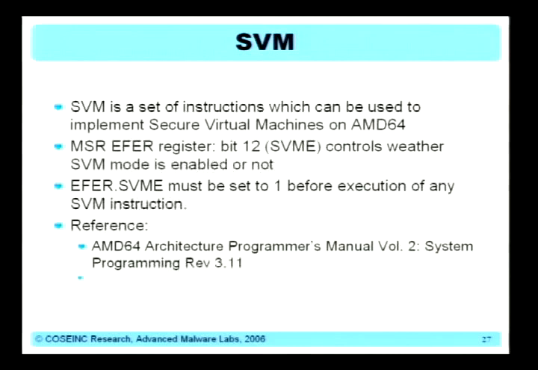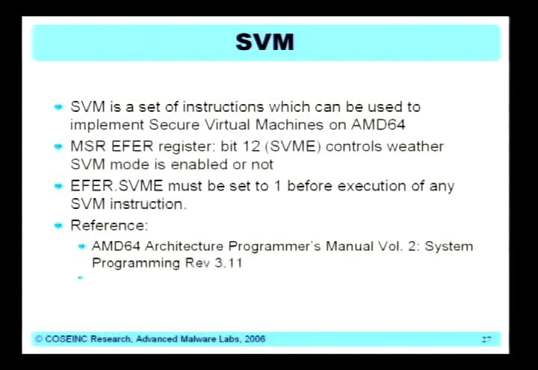So SVM is a set of instructions which can be used to implement virtual machines on AMD64. There's an MSR register called EFER, which is used for many different things, but it has bit number 12, and this bit, when set to 1, enables SVM mode. It doesn't mean that once we enable this bit, we become a hypervisor. It just means that the SVM instructions are available to the processor.